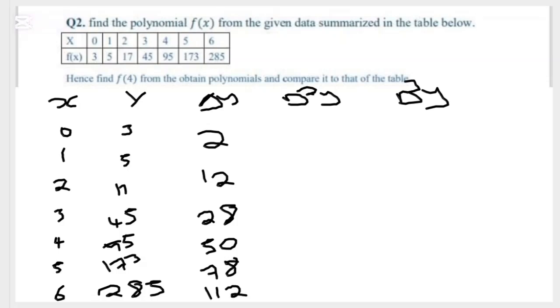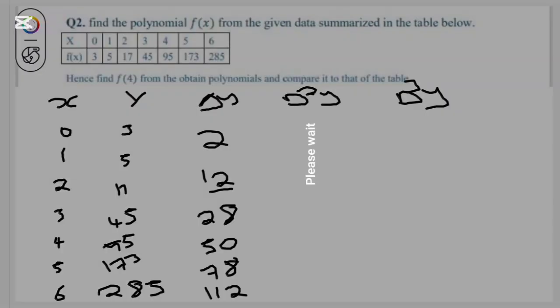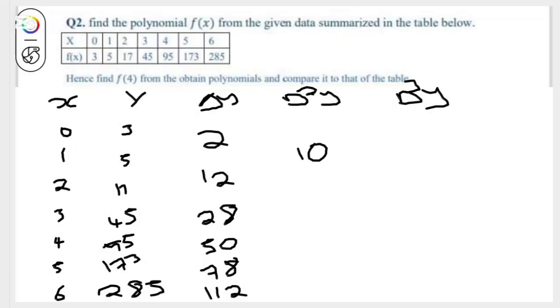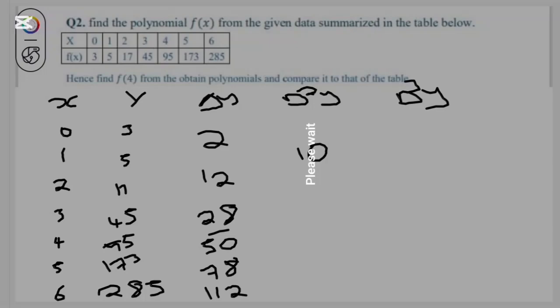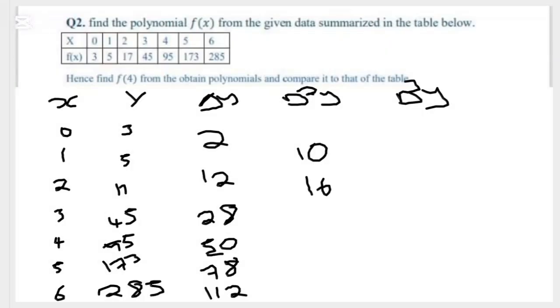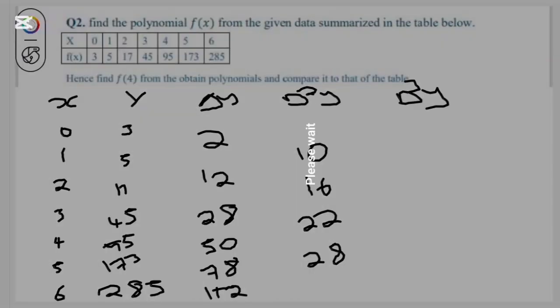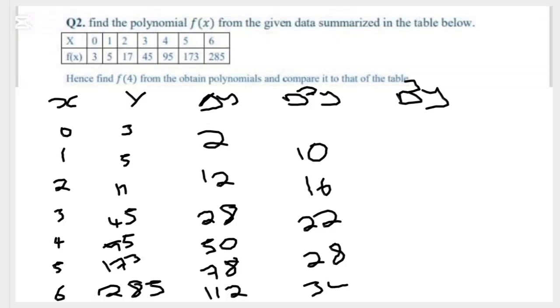Also 12 minus this, I'll get 10. This minus this, I'll get 16. This minus this, I'll get 22. Also 78 minus this, I'll get 28. This minus this, I'll get 34. And this minus this, I'll get 6. This minus this, I'll get 6.